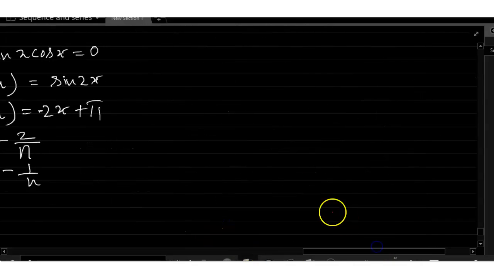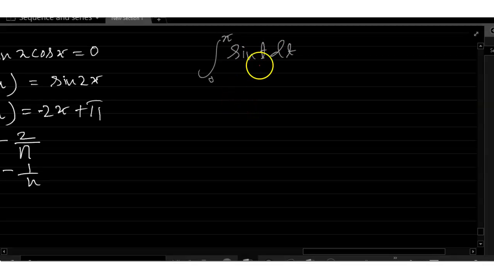Now next, the integral from 0 to x of sine square t dt can be written as half into the integral from 0 to x of 2 sine square t dt.